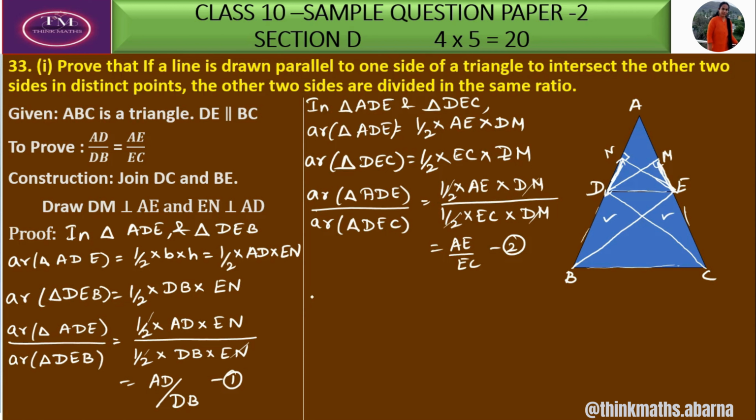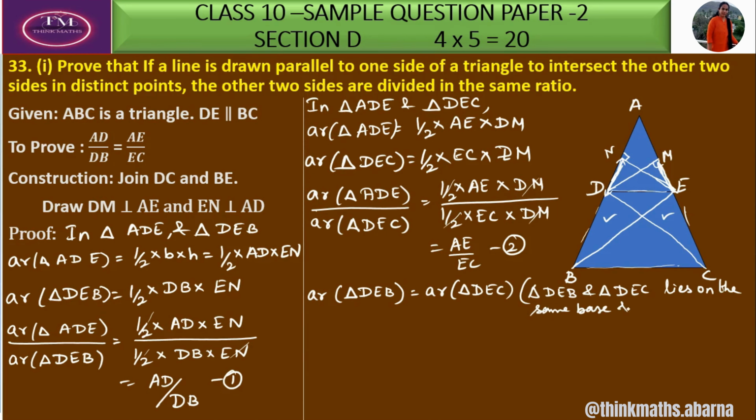So we can write that area of triangle DEB will be equal to area of triangle DEC, because the reason is triangle DEB and triangle DEC lie on the same base and between the same parallel lines, DE and BC.